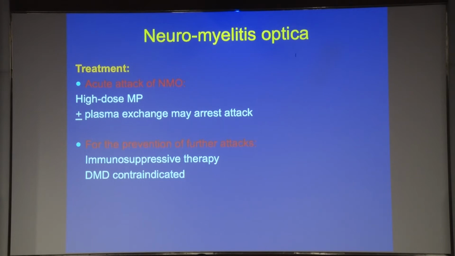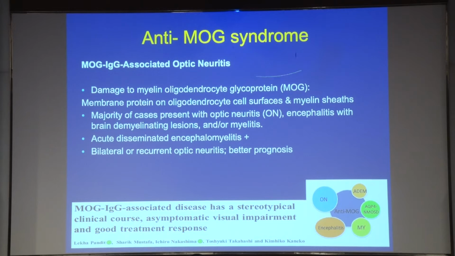And of course, remember that for prevention of further attacks in NMO, immunosuppressive therapy has to be used. Disease-modifying agents that are beneficial for preventing development of multiple sclerosis in the long term are actually contraindicated and have resulted in poor long-term prognosis in patients with NMO. The other antibody that has recently come out, and our understanding is gradually developing, is anti-MOG.